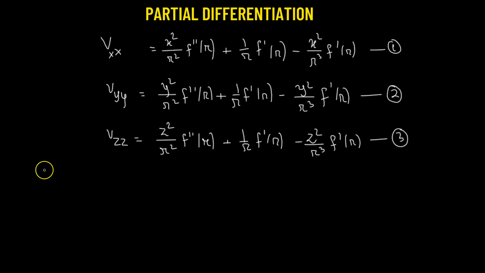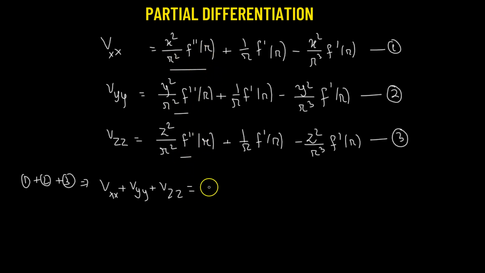Now what we can do is add 1, 2 and 3, which will give us the second partial derivative of v with respect to x plus the second partial derivative of v with respect to y plus the second partial derivative of v with respect to z. So we can add these 3 terms.